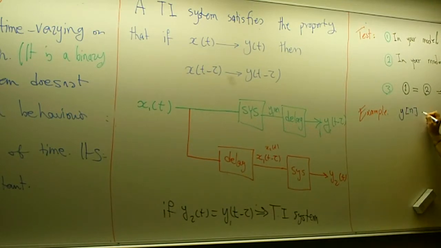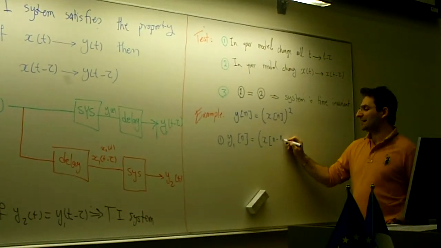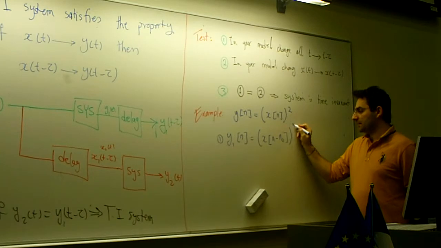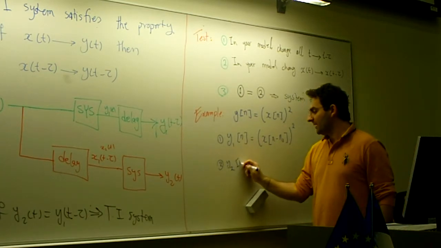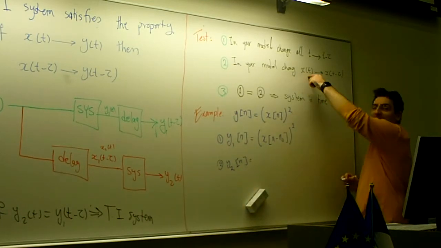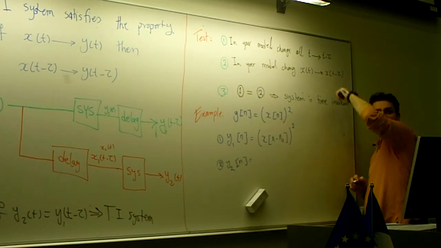y[n] is equal to x[n] squared. You want to see if it is time invariant or not. Step 1: y1[n] is x, and instead of t I put t minus tau, so I put n minus n0, squared. Step 2: y2[n], instead of x[n], I put x[n minus n0].